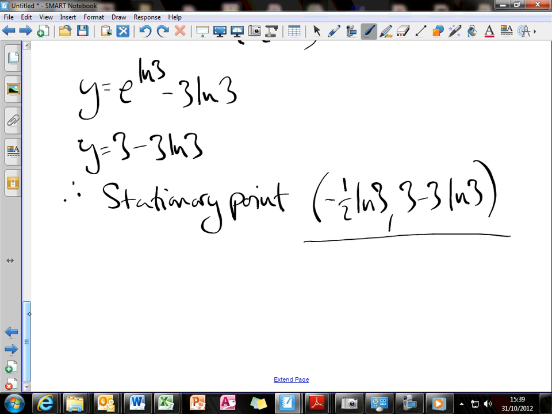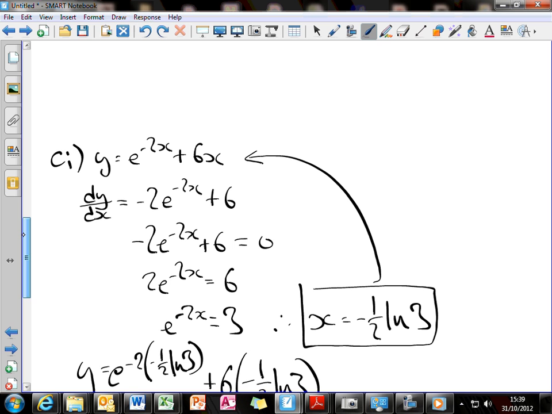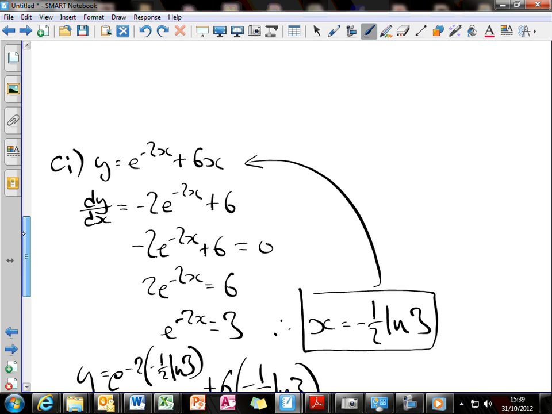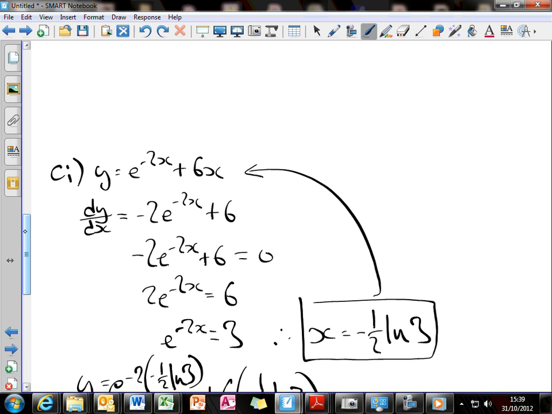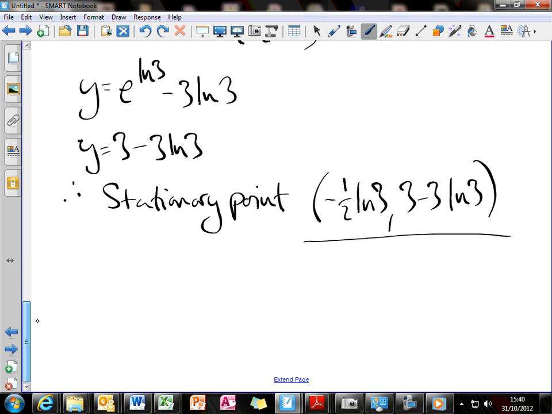So we're trying to differentiate this for a second time. So this was the first differentiation. We're going to differentiate a second time. So this is now part 2.